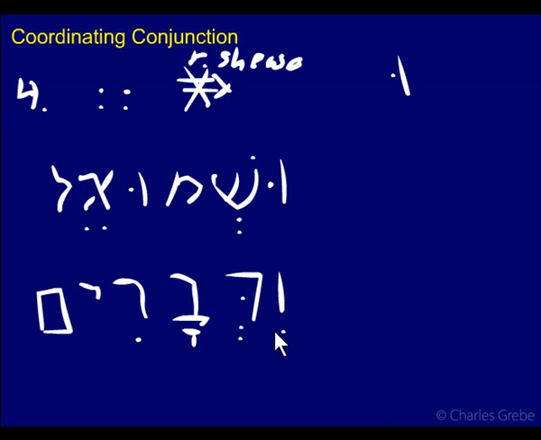Instead, we're going to get U. Now, the dagesh lene is going to disappear because we have a vowel before it. These are just the rules of dagesh lene. They disappear if there's any vowel before it, even the smallest of vowels. And U is certainly a vowel.